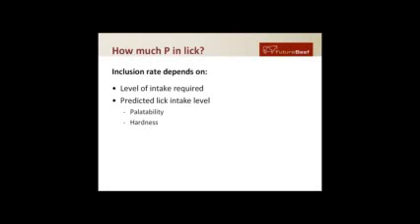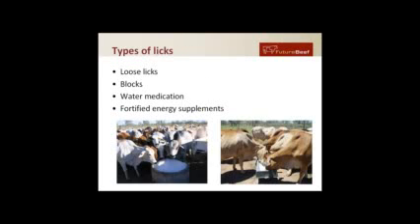That means that they're quite hard, so animals usually have lower intakes of blocks than what they might from a lick. So we need to have higher phosphorus levels in those blocks. So palatability and hardness are two real driving factors for the level of the inclusion rates, and then of course what the requirements are for that particular animal.